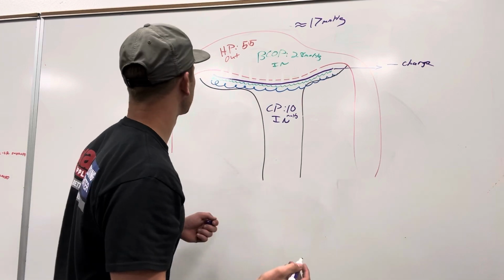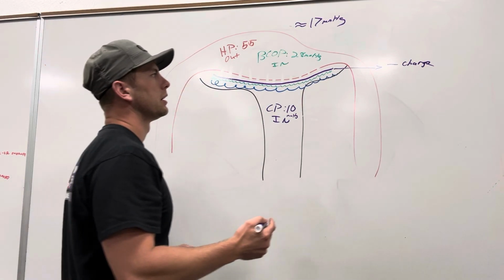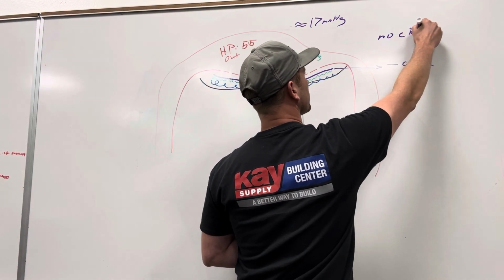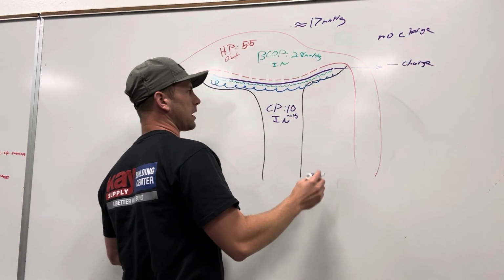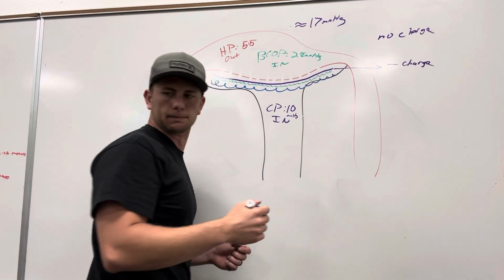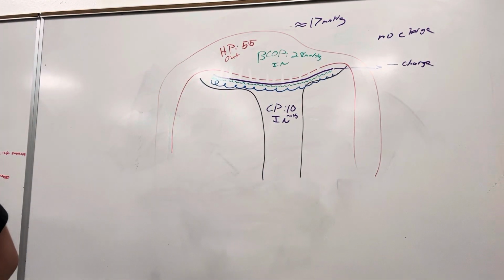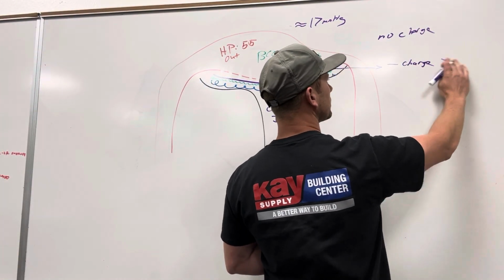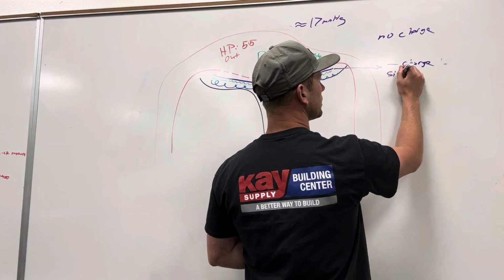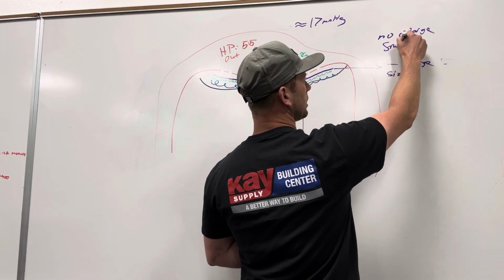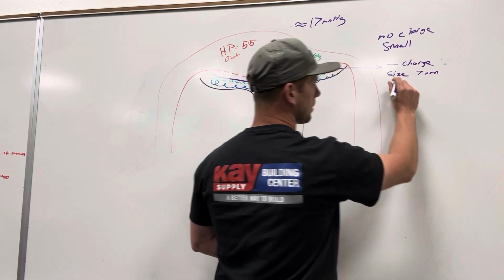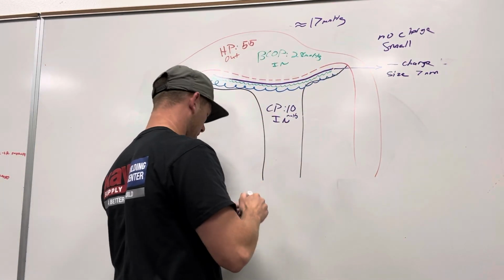So one criterion so far is that something has to have no charge to be filtered through. It also has to be small, about 7 nanometers in size, that's how much of a size it can fit through.